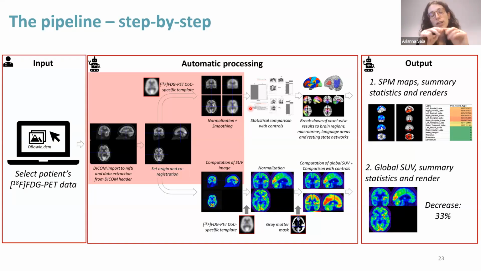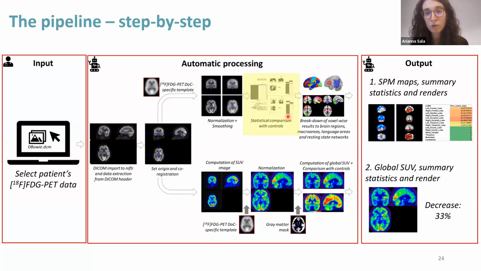We decrease the level of detail of our image, but at the same time, we decrease also the inter-subject variability, so that our image is in the end more similar to our template and to all the control images that we want to use for comparison. Once this is done, so the patient image and the control images are in the same space, we finally run the statistical comparison with the controls.